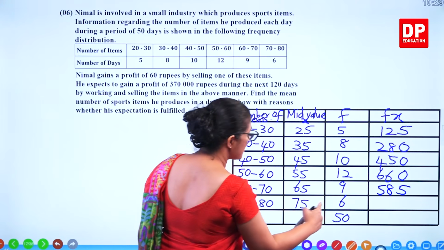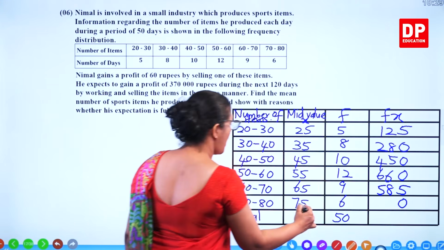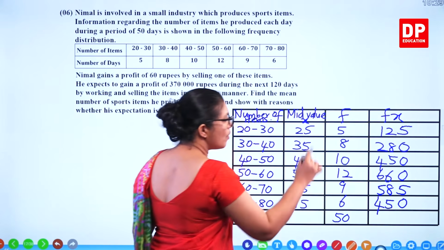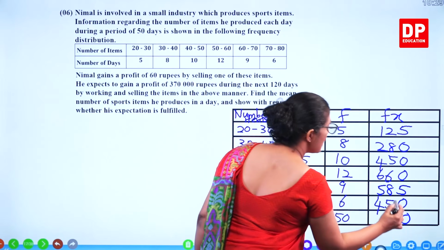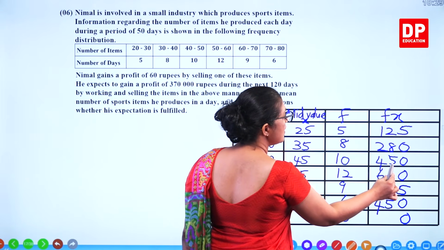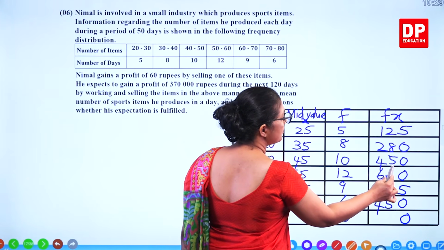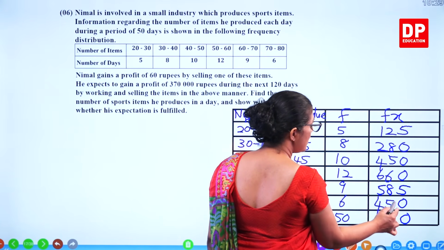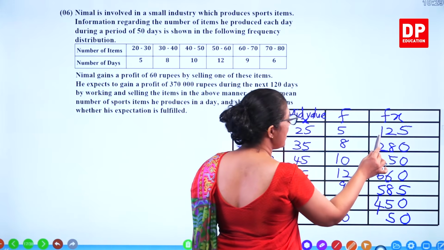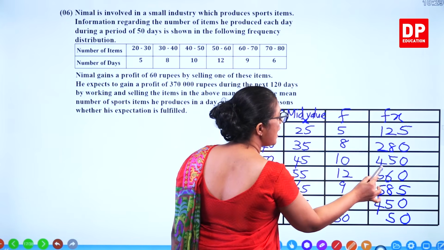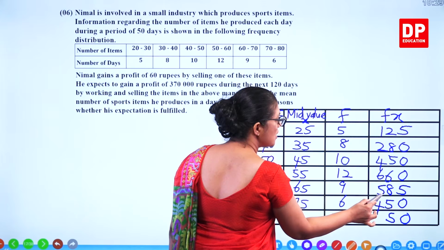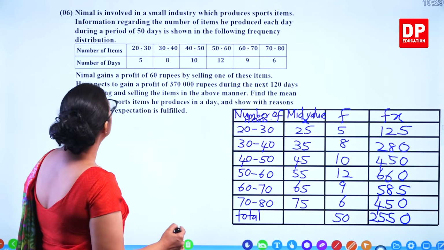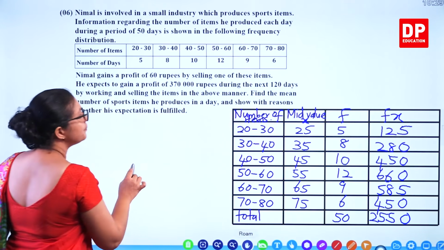And 6 times 75, 450. Now add and get the total, 2550.